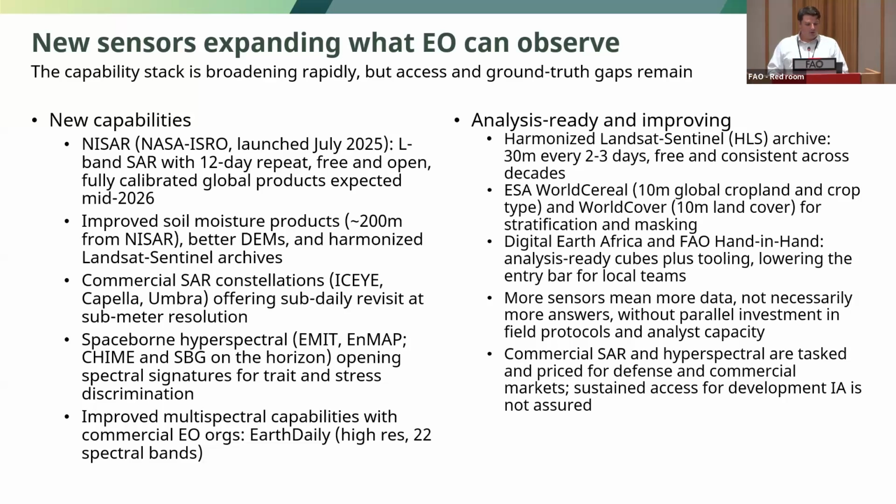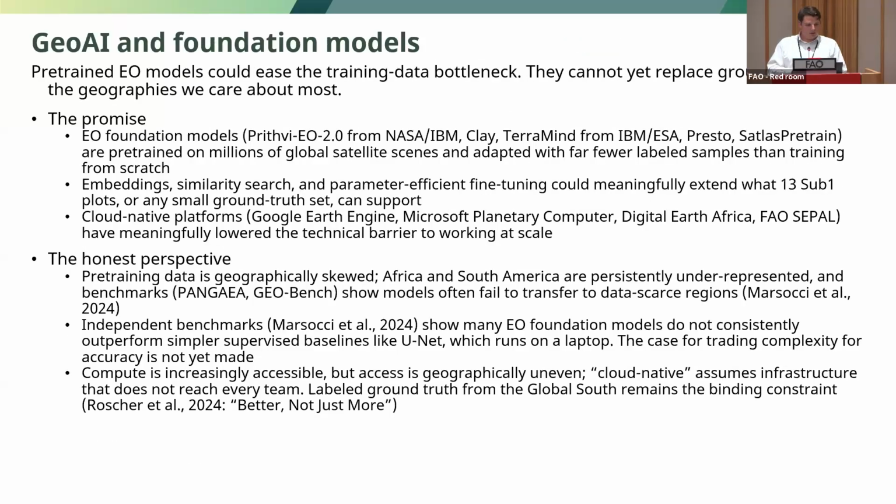One organization I'm excited about, Earth Daily, is launching their very hyper-focused ag constellation that's going to be, I believe, 7 or 8 satellites, probably a meter or two. They haven't released the spatial resolution, but they do have 22 spectral bands that map to both Landsat and Sentinel spectral bands.